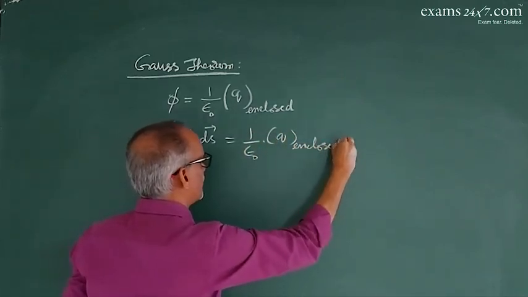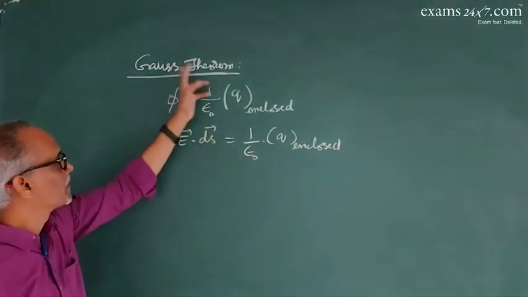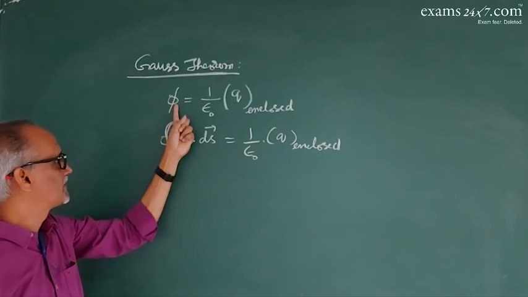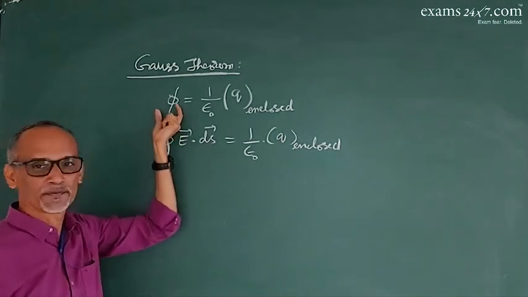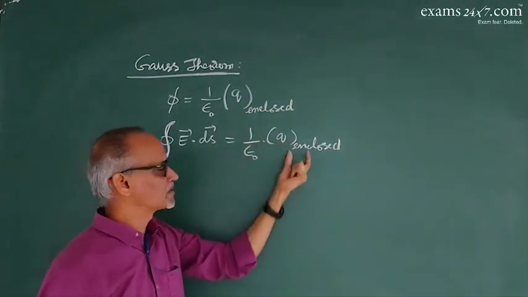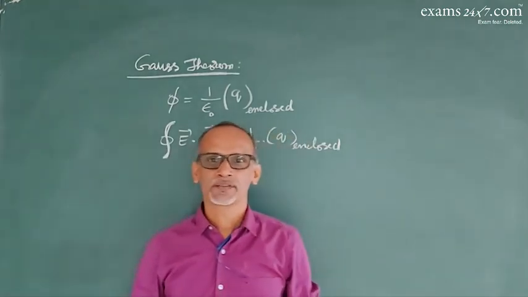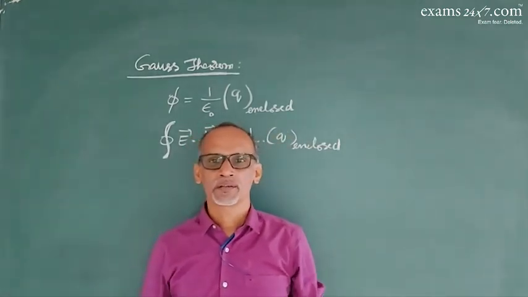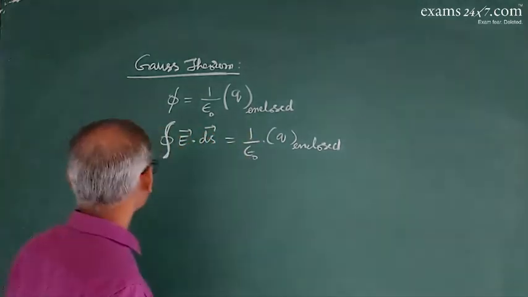This is the alternative way of writing the Gauss theorem, where phi is the flux and this is the surface integral of the electric field, which is a measure of the flux, and that is equal to 1 by epsilon naught times the total charge enclosed by the closed surface. That closed surface is an imaginary surface which can be of any shape, and it is called the Gaussian surface.